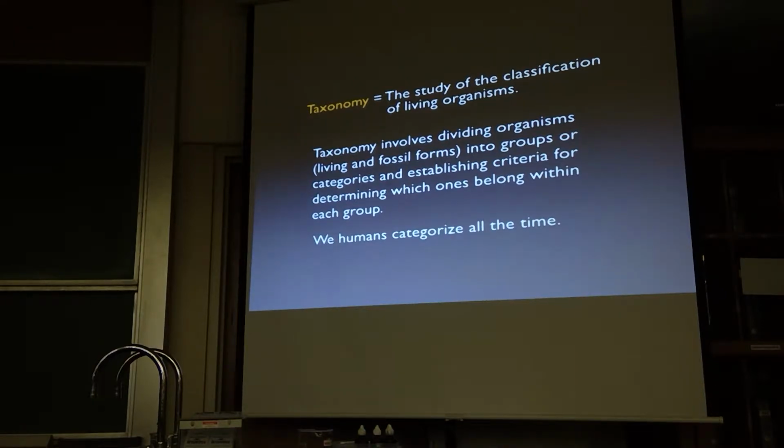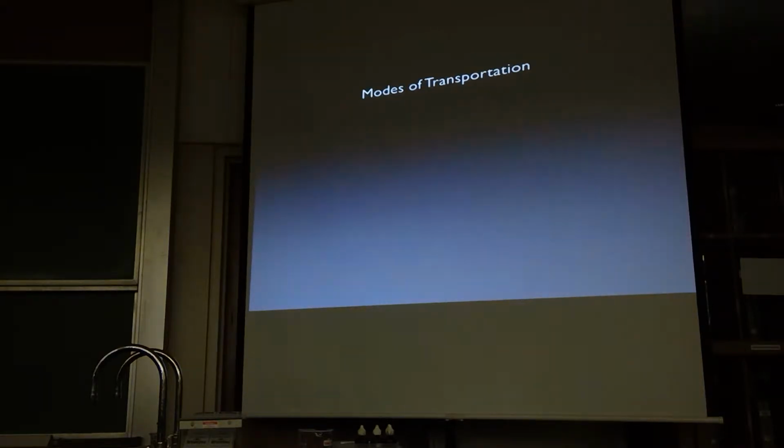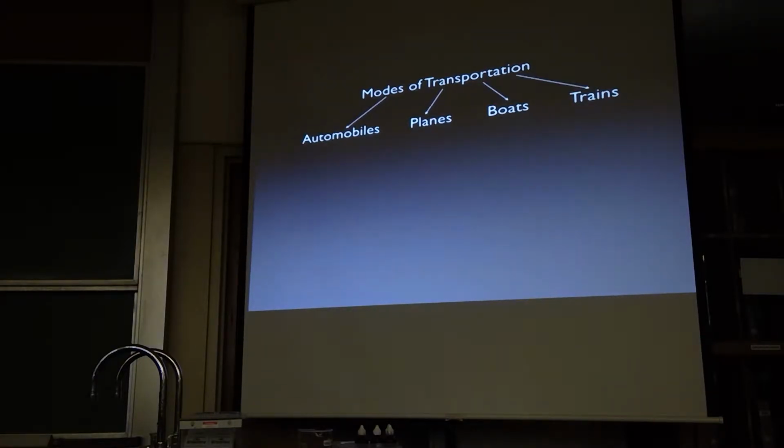And yet, if you think about it, people categorize things all the time. We're always putting things into categories. I think it has to do with the way our brains work. I can give you some examples. Let's say we were talking about modes of transportation. You can relate to the fact that there are multiple different modes of transportation, and we can kind of throw these up there and they bring to mind certain things. You can travel by automobile, plane, boat, train, spaceship, well not yet.